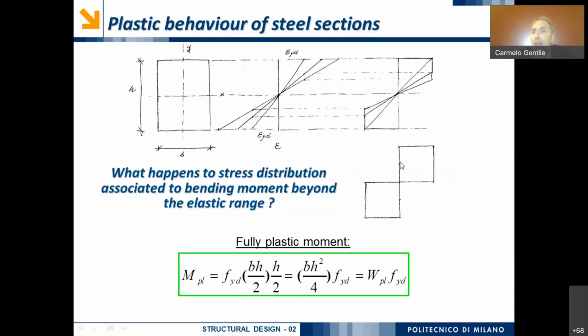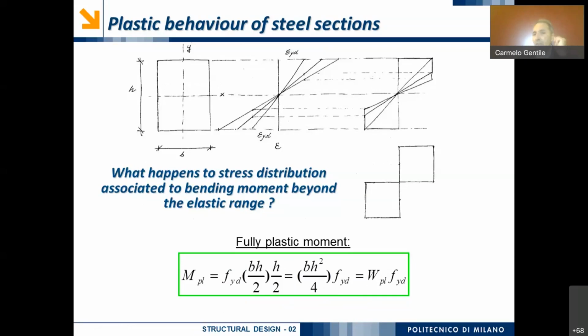Basically, we have to evaluate the area of this rectangle. But the area of this rectangle is the area of the half cross-section. So BH/2 times, of course, the value of the yielding stress. And so, in the end, we have BH²/4 times FYD.